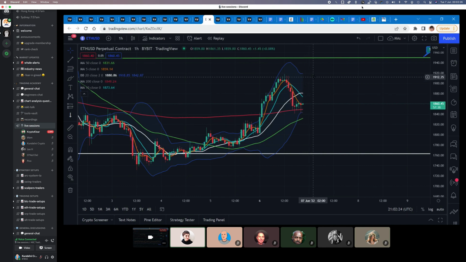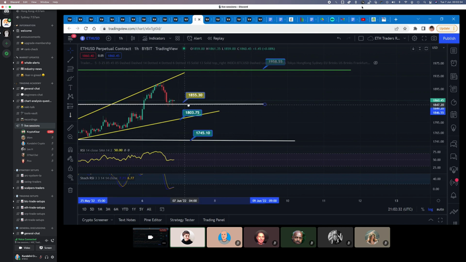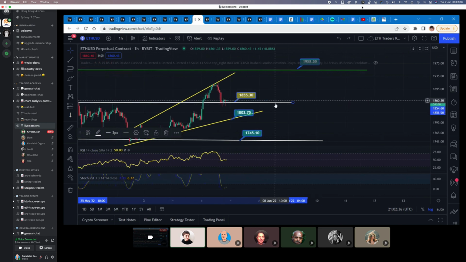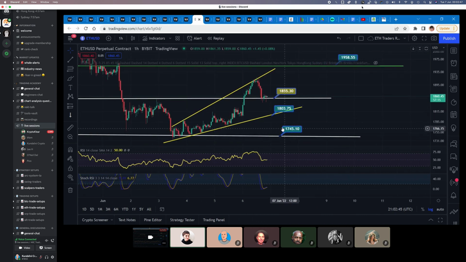I love it when the long-term support and resistance lines and the MAs are in confluence. So that's 200 on the 1 hour, and the support and resistance at 1850 have been holding so far. The day's not yet over, so they have been holding so far.